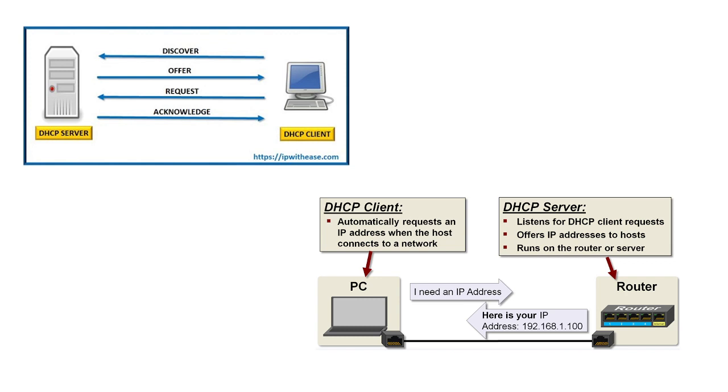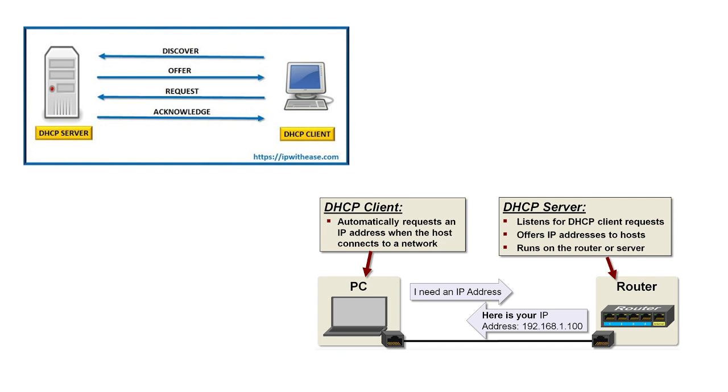By default, whenever you install a DHCP server, it starts advertising on its own, stating that I am a DHCP server present in the network and I can give you an IP address. With the help of this broadcasting packet, whenever a client machine gets powered on, it will determine which is my DHCP server. Once it is determined, it will discover the DHCP server and ask for an IP address.